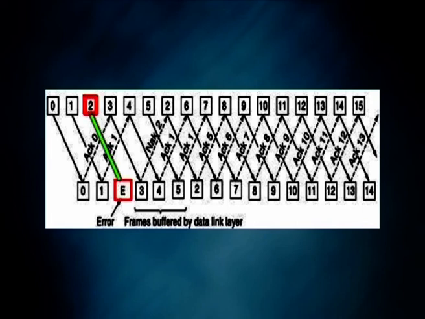In this case, if the second packet comes with an error, then the receiver will accept the third packet, but it sends a negative acknowledgement of 2 to the sender and buffers the third packet. The receiver does the same thing with the fourth and fifth packets. When the sender receives the negative acknowledgement of the second packet, it immediately sends the second packet to the receiver.